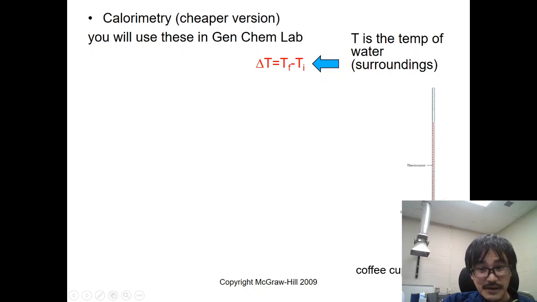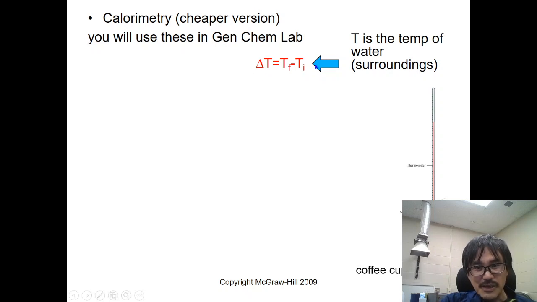So this one right here is probably much closer to the delta H, because the pressure inside of this styrofoam cup is more than likely 1 atm before and after the reaction, because you can't really make a perfectly closed container with a styrofoam cup, right? So that one is going to be constant pressure, so it's going to be closer to delta H. But either way, that error is going to be really small.